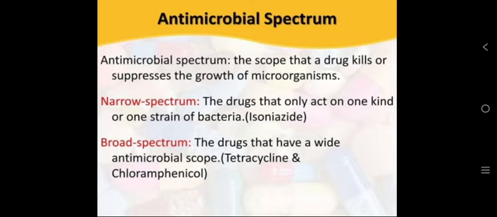Narrow spectrum means the drugs that act on only one kind or one strain of bacteria are known as narrow spectrum antibiotics. And broad spectrum antibiotic means the drugs that have a wide antimicrobial scope, which are known as broad spectrum antibiotics. Example for narrow spectrum antibiotics is isoniazid. Examples for broad spectrum antibiotics are tetracycline, chloramphenicol, etc.